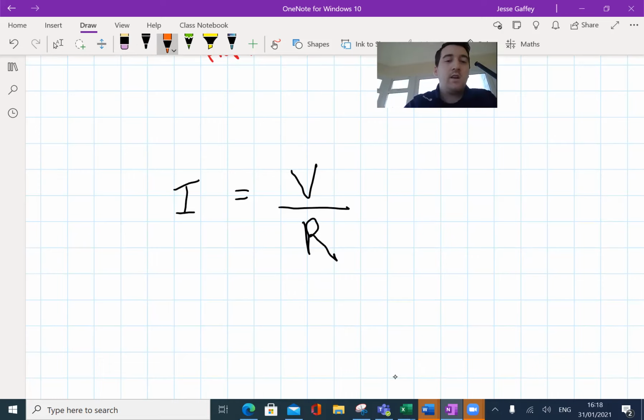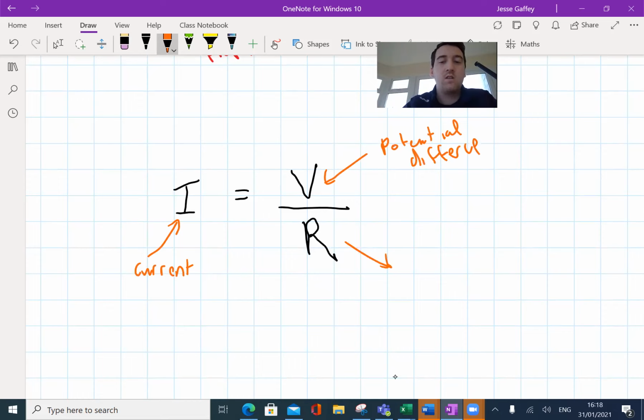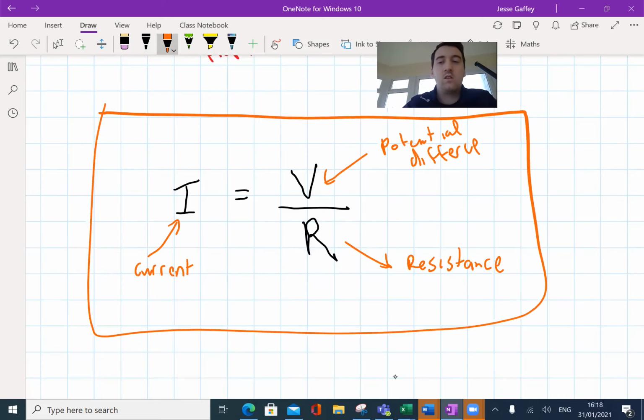I is equal to current, V is equal to potential difference, and R is equal to resistance. This here is Ohm's law, and it's one formula that we're going to have to learn.